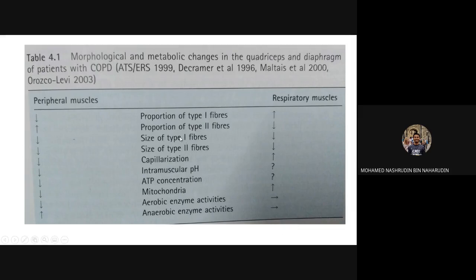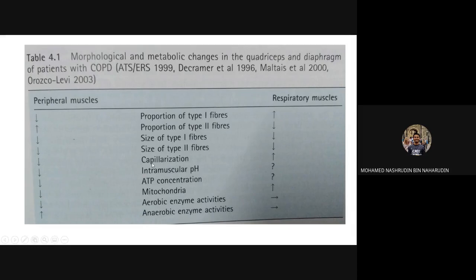And this is something scientists still have to keep on researching to get the answer, because there is no certain underlying mechanism for why this is happening. But those who are infected with COPD will experience this alteration in their muscles.